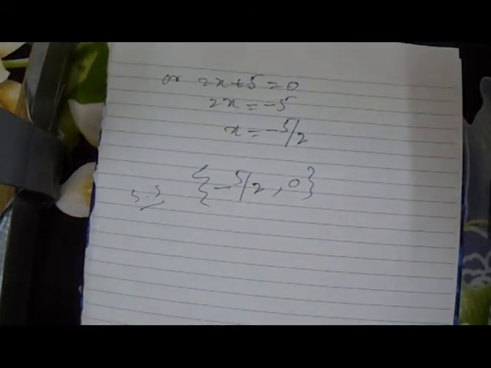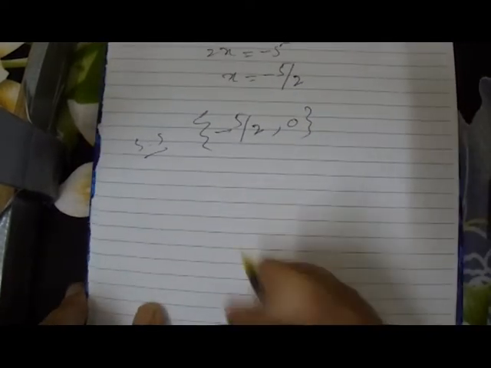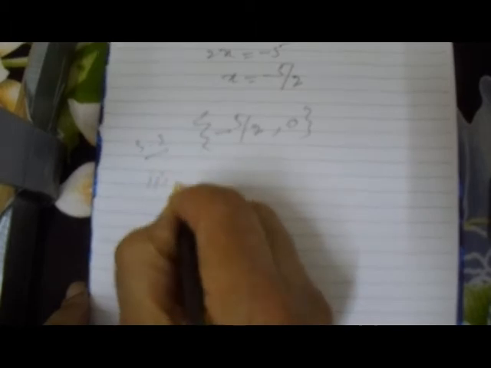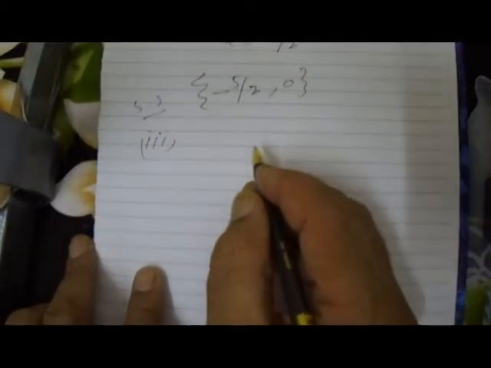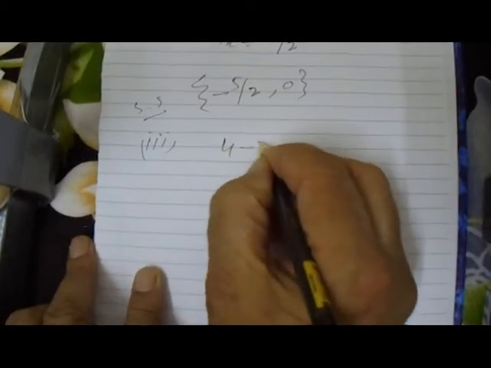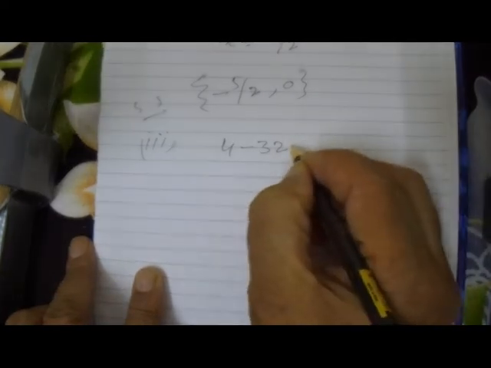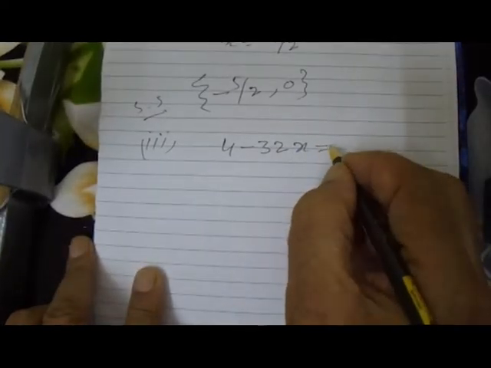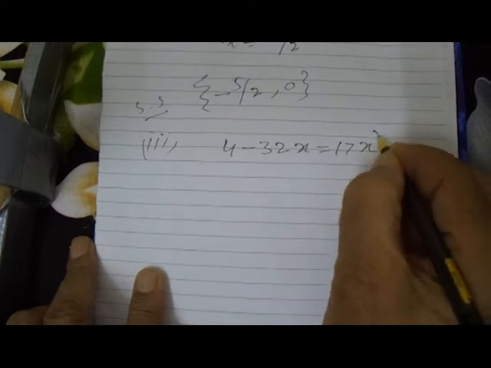Now we find the third part of this question. The third part is 4 minus 32x is equal to 17x square.